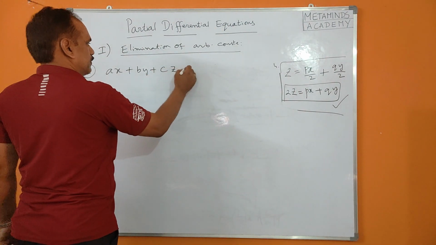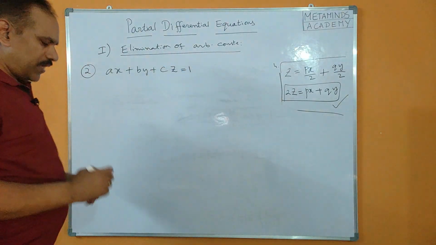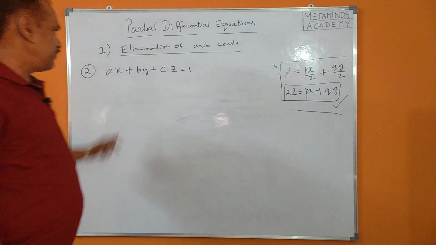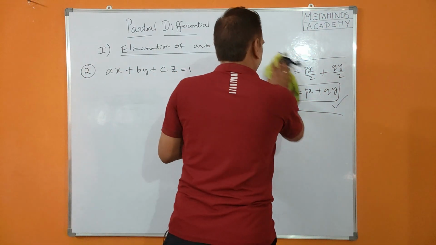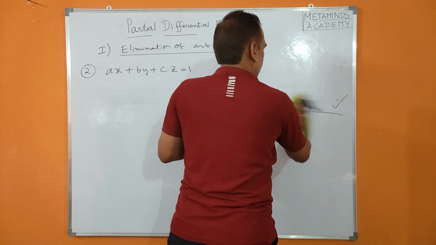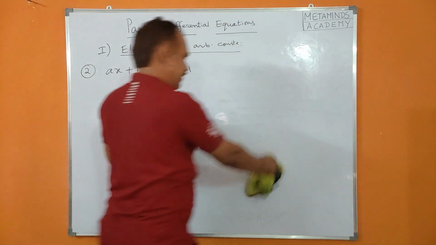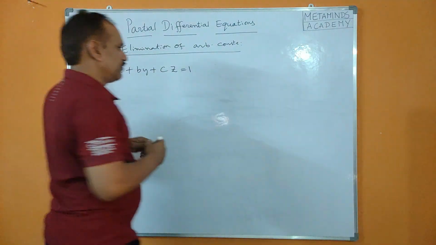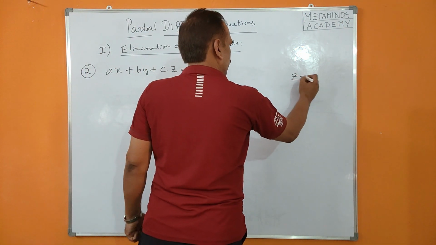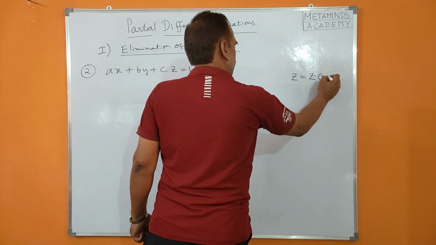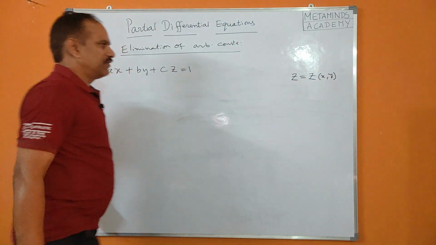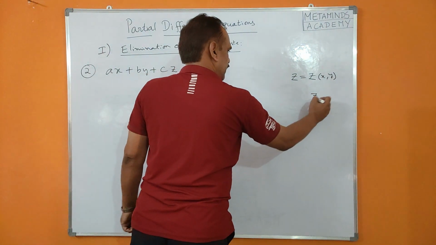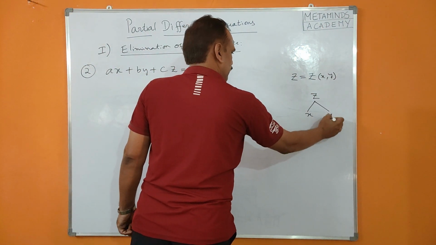So what you have to remember here is that z is always a function of x and y. z is a dependent variable and x and y are independent variables. So z depends on x and y.